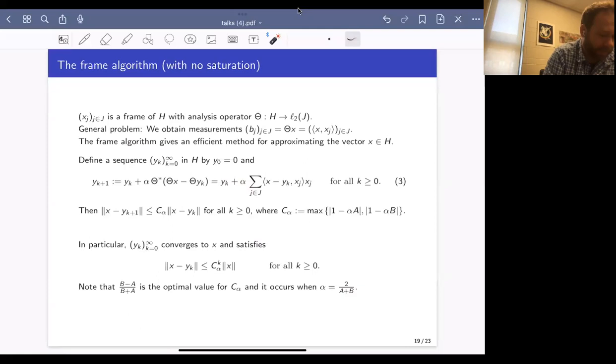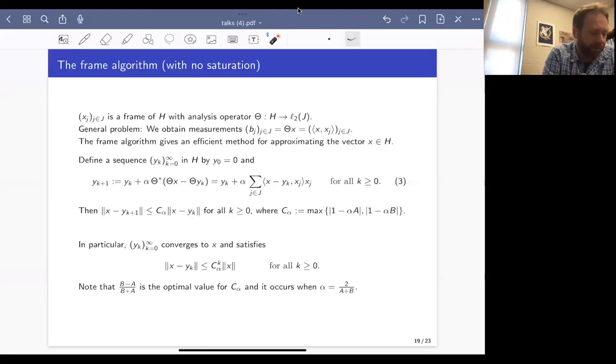The best choice for alpha comes at 2 over a plus b, and in which case this constant is (b minus a) over (b plus a). And so the frame algorithm gives a very efficient, computationally efficient way of finding the vector x, or approximating the vector x, from the frame coefficients.